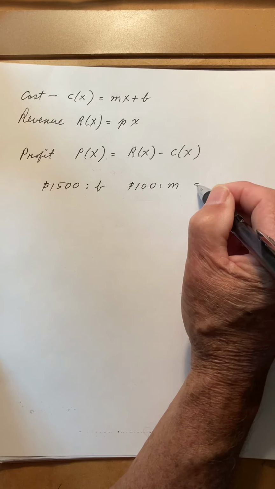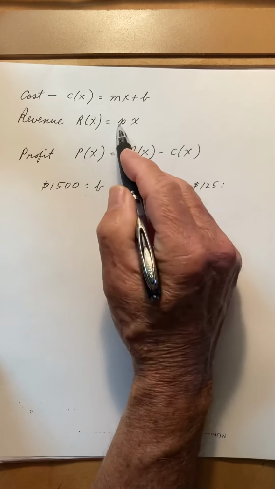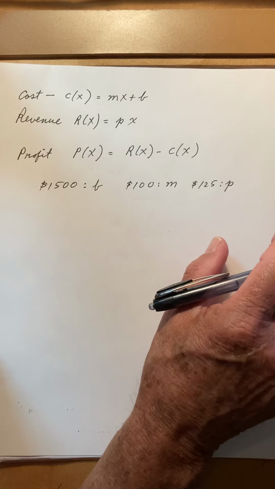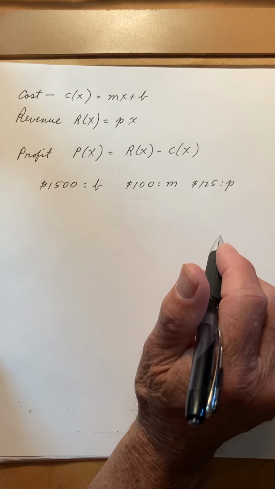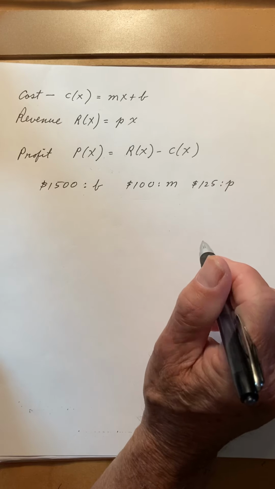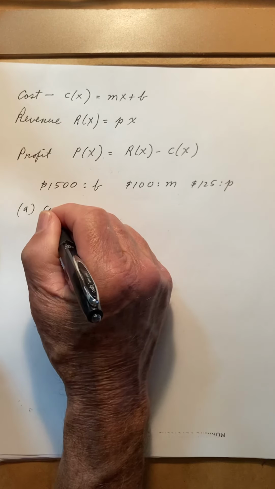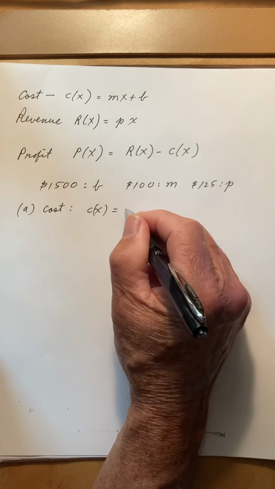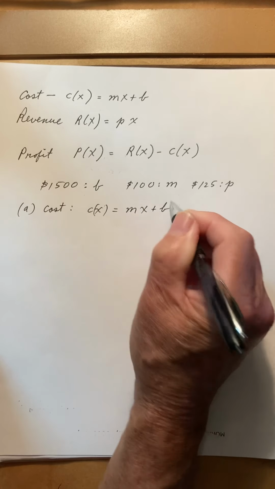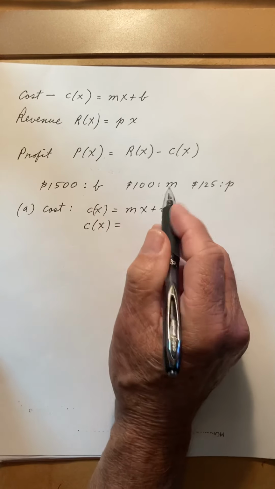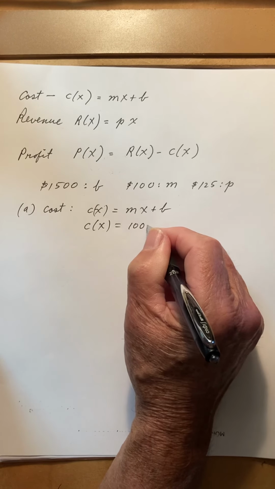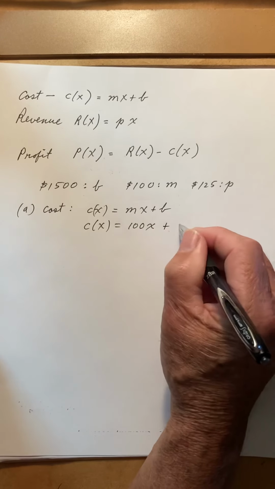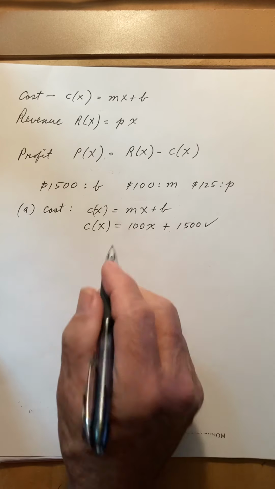The items will sell for $125, so that's the price. And what we are looking to do is find a function or a model for the cost, which is part A, the cost. So that's C of X equals mx plus b. So C of X equals M, which is 100, X, we don't know, and B is 1,500. So there's the cost function.